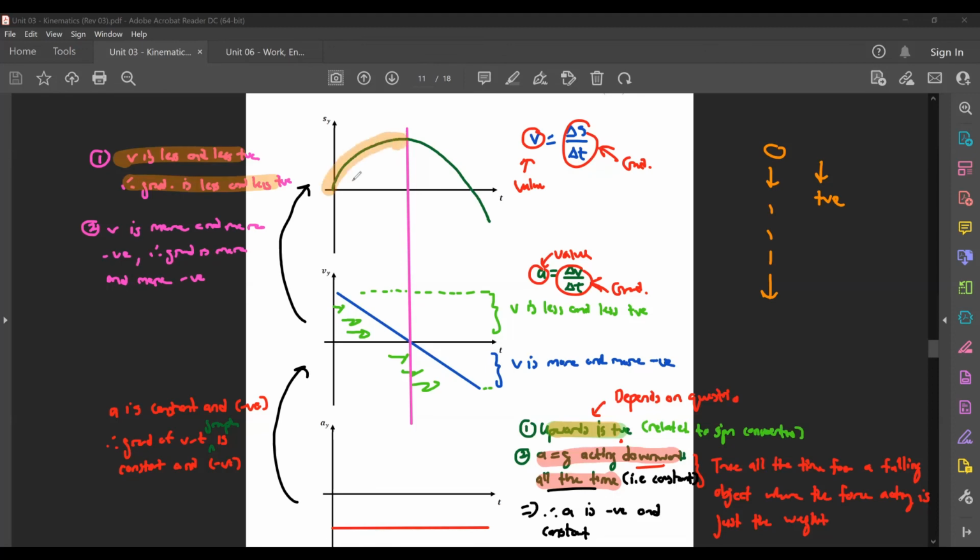You can see that the gradient is positive, but it's getting less and less. If you look at part two, the gradient is supposed to be more and more negative, which is actually this part here. Okay, it's telling you negative gradient, but you notice that it is actually getting steeper in value. And this is what a more and more negative gradient is supposed to be. Okay, right?